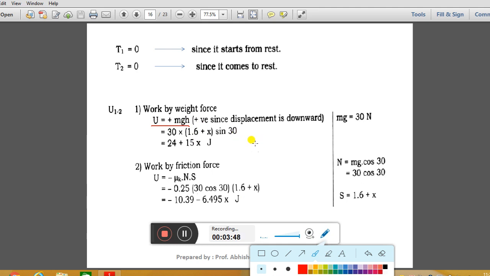Here the displacement of the block is downward, so we take the positive sign: plus mgh. mg represents the weight. The value of weight is given in the problem, it is 30 newtons, multiplied by h. So we have to find h. What is h? h is the vertical displacement.